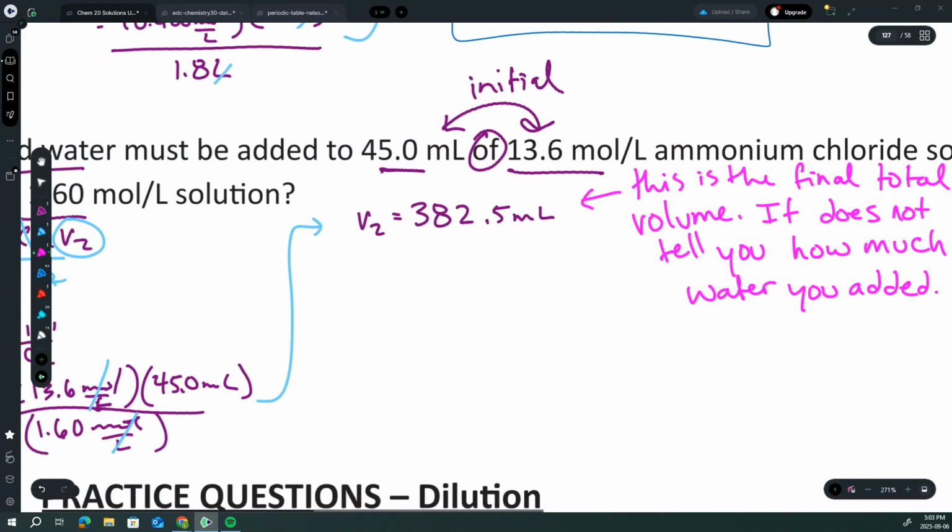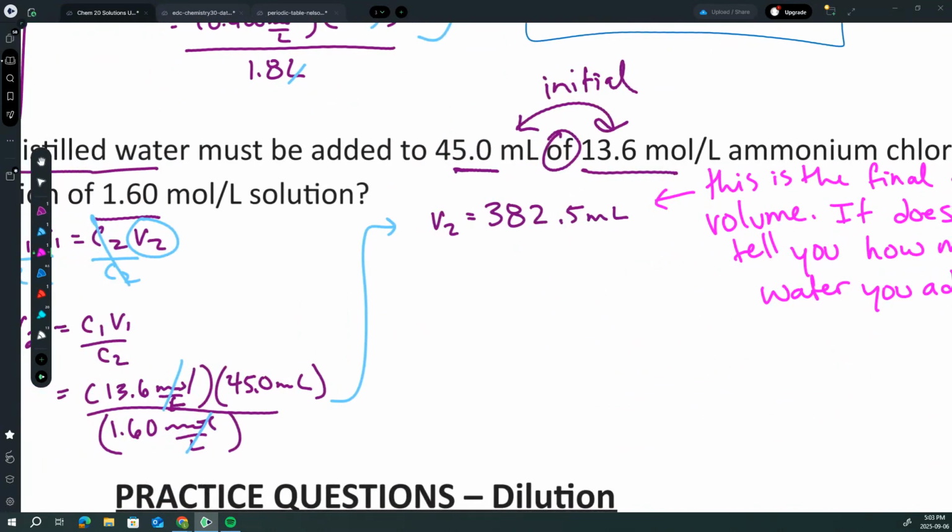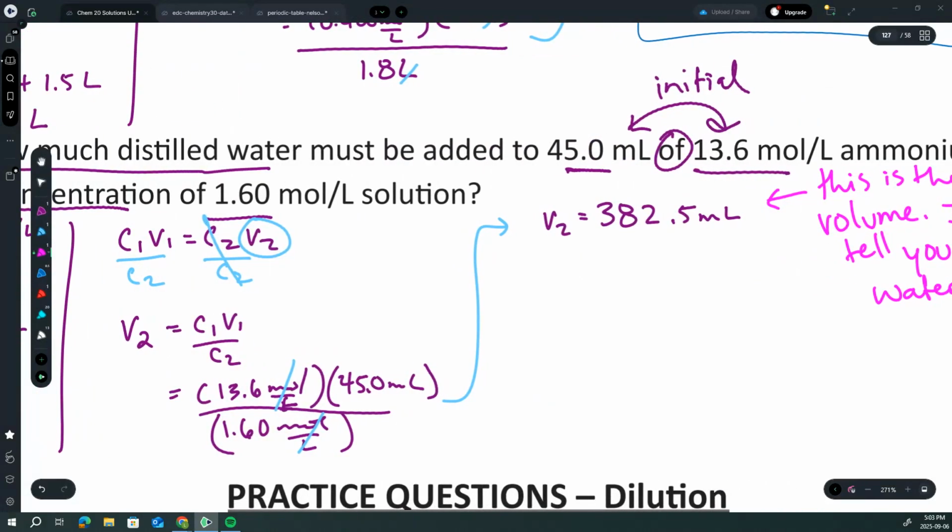So at this point, we're going to figure out, we started off with 45 milliliters and we ended up with 382.5 milliliters. So we need to figure out the difference between our final and our initial.